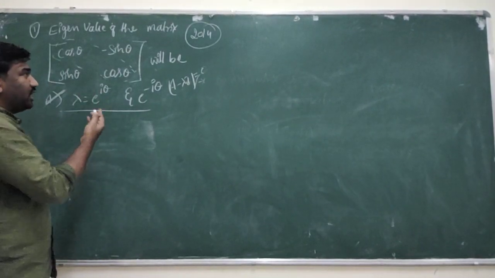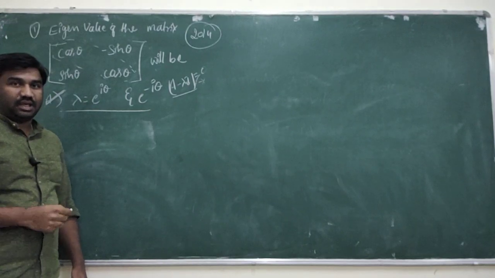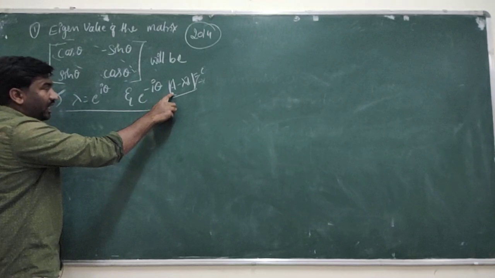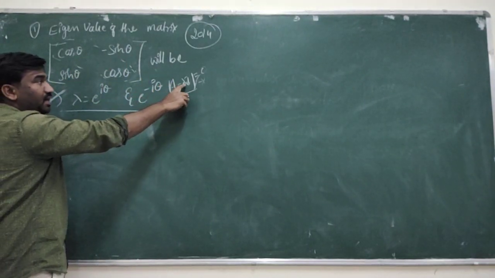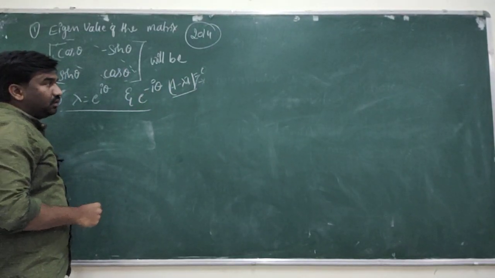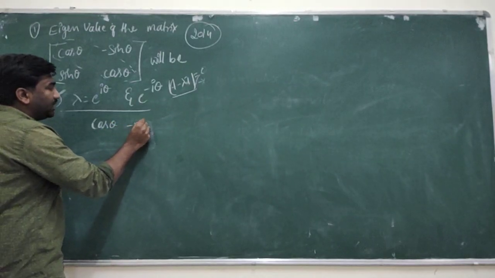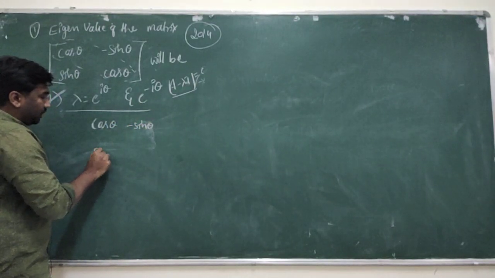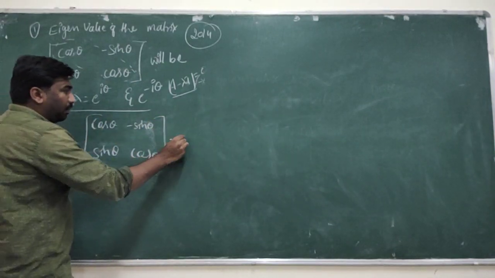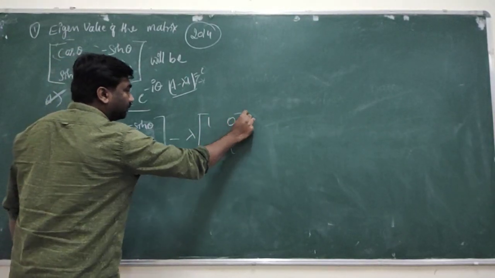So A is our matrix, cos theta, minus sin theta, sin theta, cos theta, and A minus lambda I, where I is nothing but the identity matrix, 1 0 0 1.